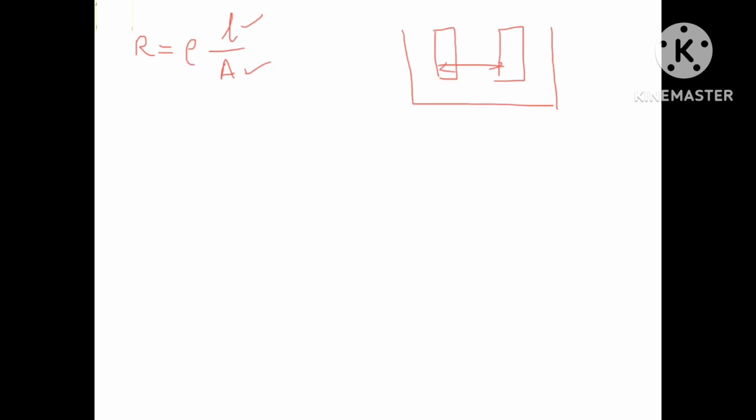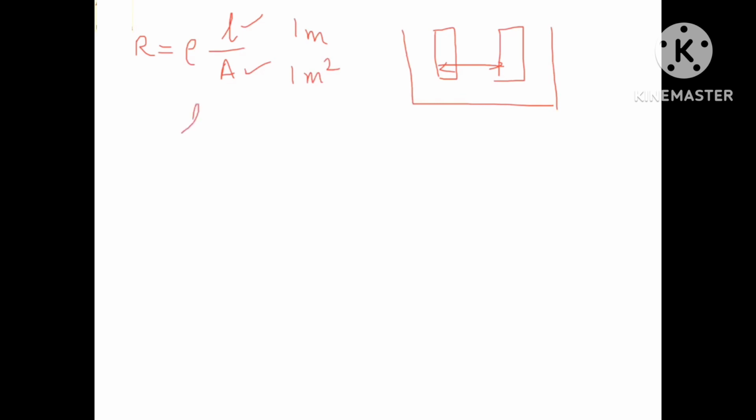Now, we have different types of cells, we have different types of cell sizes, so we cannot strictly adhere to 1 meter length between the electrodes and the area of the electrodes being 1 meter square or 1 centimeter and 1 centimeter square.